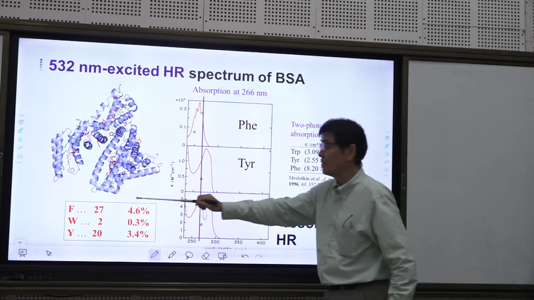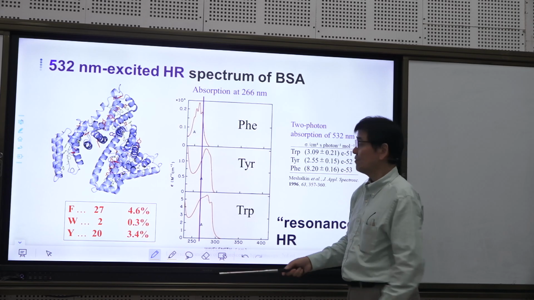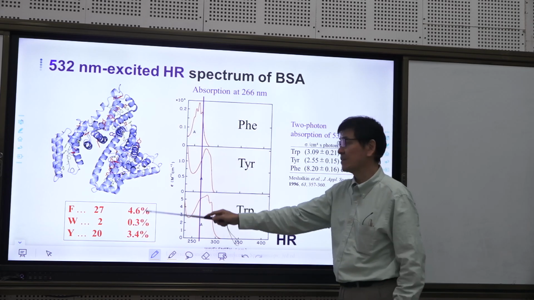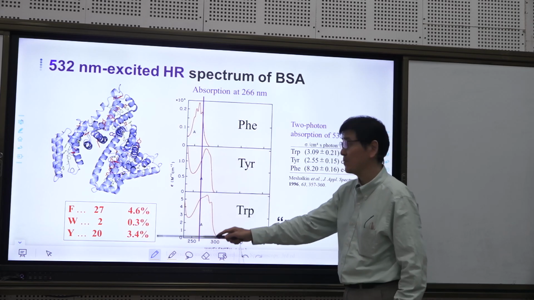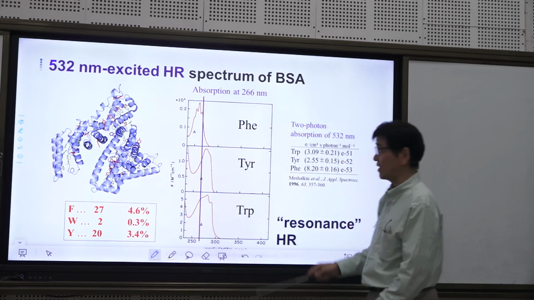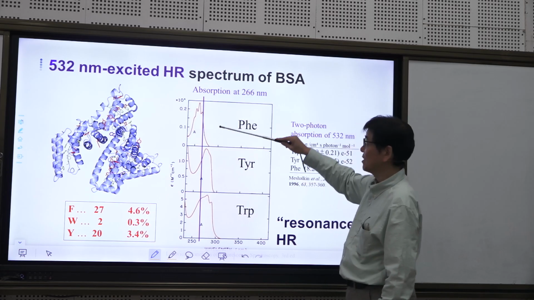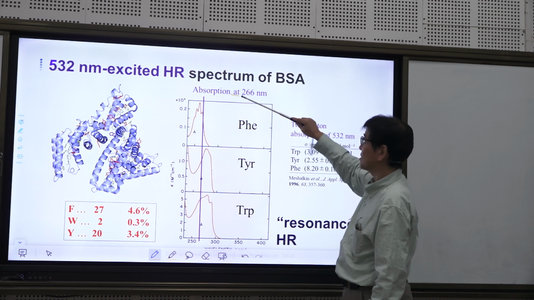But they are the aromatic side chains, and actually we have measured resonance Raman spectra and obtained information about tryptophan, tyrosine, and phenylalanine. So here is the absorption spectrum, and absorption is at 266.